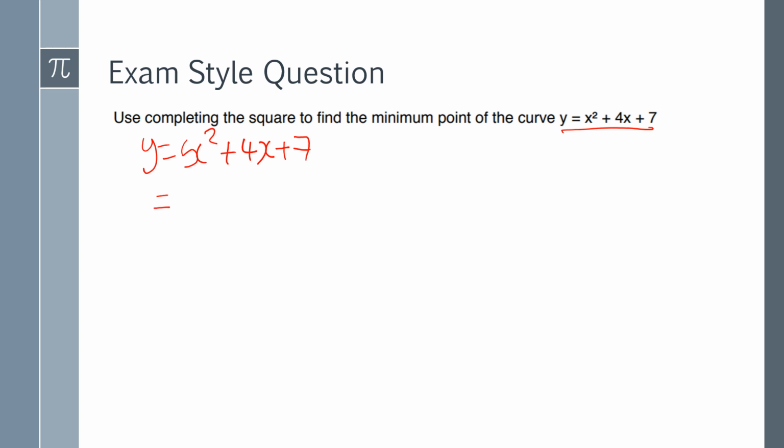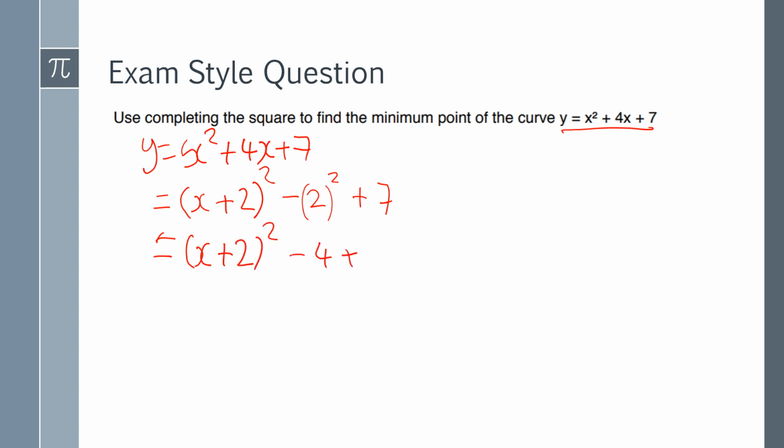You literally do the same thing, y equal to x plus 2 squared minus 2 squared plus 7, equal to x plus 2 squared minus 4 plus 7, and x plus 2 squared plus 3. So the turning point or the minimum point will be minus 2, 3. The negative of this number, and the y coordinate is 3. It's literally the same thing here.